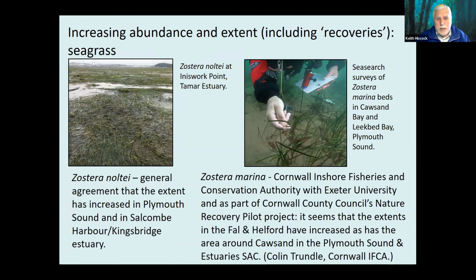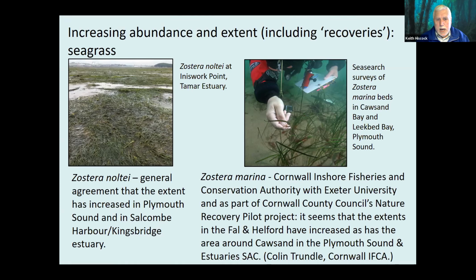Another one where sea search also has been active has been in terms of seagrass, and people greatly value seagrass because of its ability to store carbon and because of the biodiversity which is associated with particularly Zostera marina. So two sorts of seagrass. One is intertidal, in fact, not just intertidal, but mid-tidal.